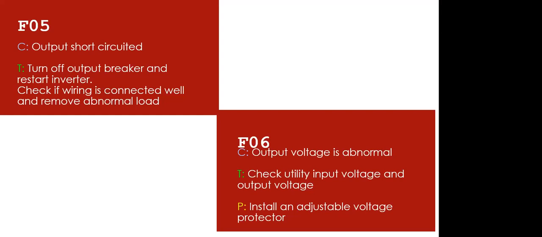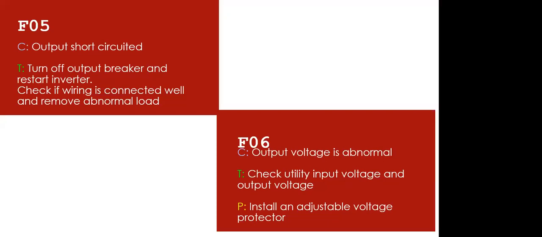The inverter works such that from the input, it will bypass to the output when you are using utility. So it will cut off the voltage on the output side if the input is too high.